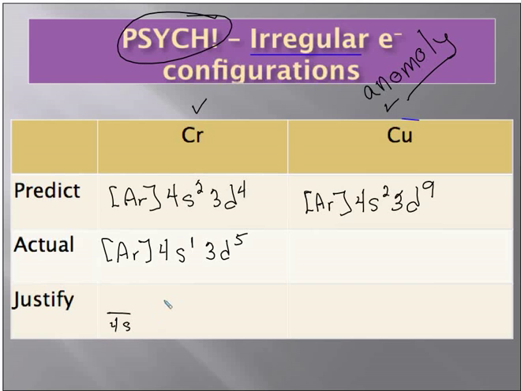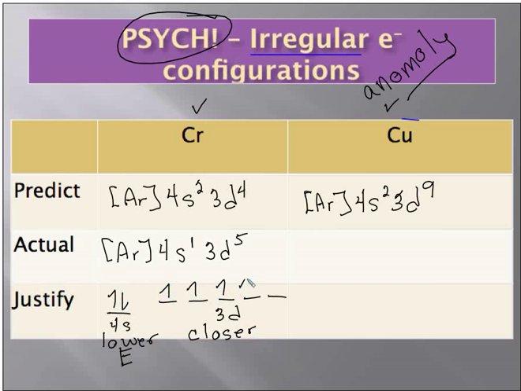So let's draw this out. We had 4s and we had 3d. Now remember that the 3d are closer to the nucleus. These are lower in energy, so that's the advantage of the 4s.